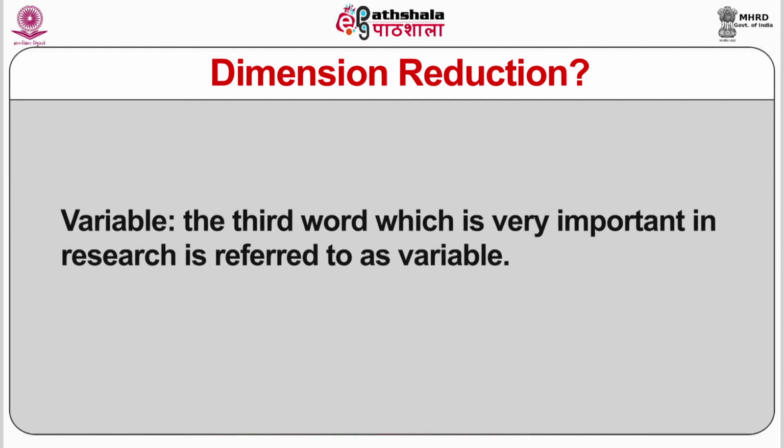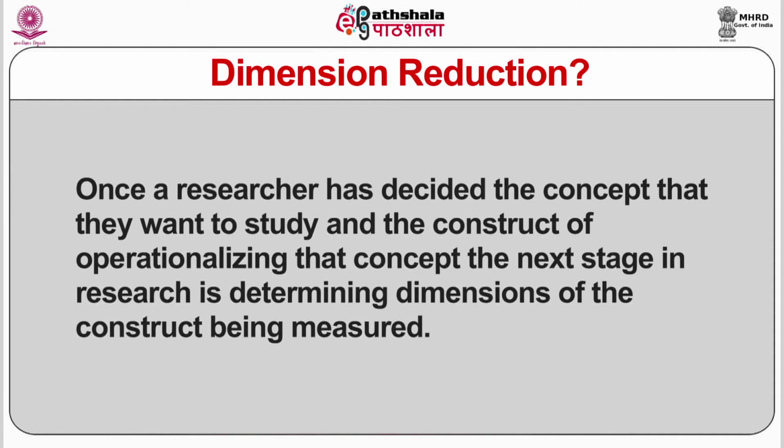The third word, which is very important in research, is referred to as variable. Once a researcher has decided the concept that they want to study and the construct of operationalizing that concept, the next stage in the research is determining the dimensions of the construct being measured.